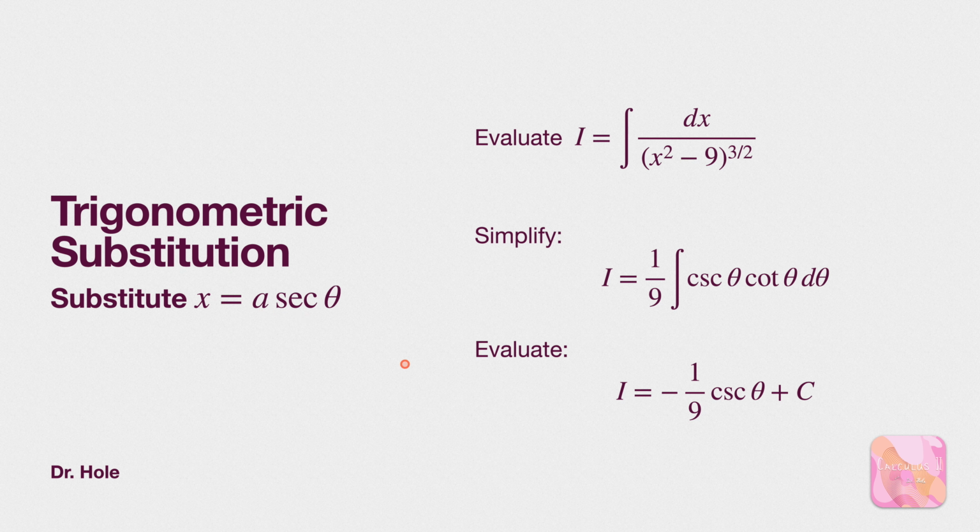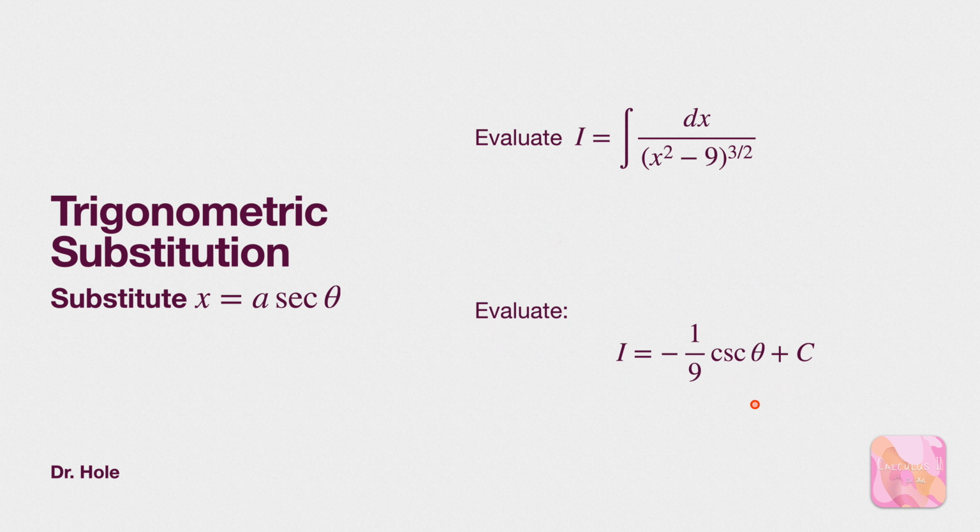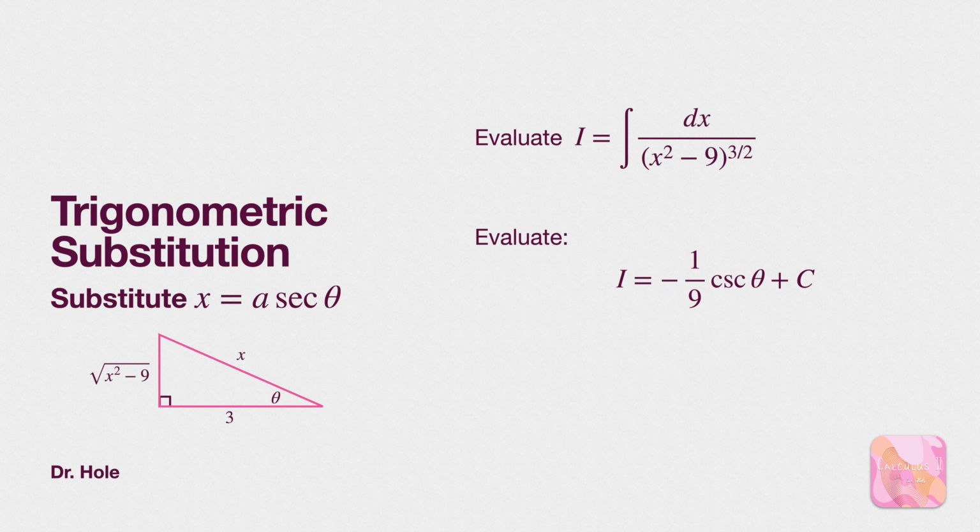So what's that going to imply for cosecant? Well, if we know that x is 3 secant theta, then secant theta is x over 3. And then using the right triangle definition for secant theta, we can produce the opposite side, by the Pythagorean theorem, as the radical of x squared minus 9.